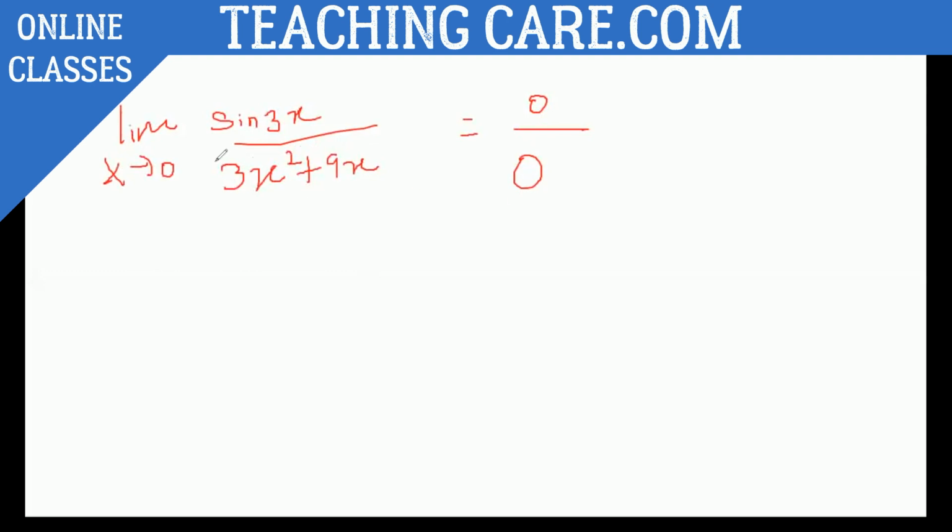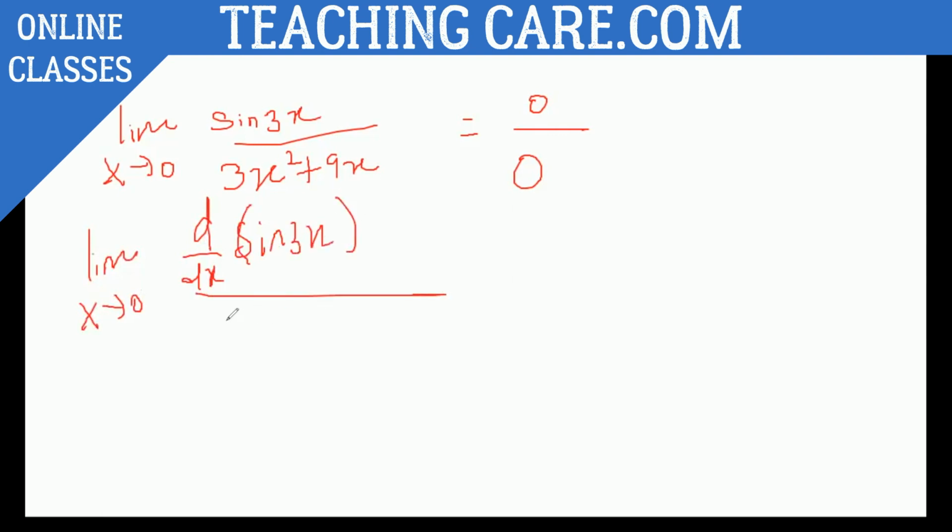So what they did is very simple. What is L'Hospital's rule? You keep the limit as it is, you differentiate the numerator, sine of 3x, and you differentiate the denominator. Then you apply the limit. There are proofs of L'Hospital's rule and all, but I'm not going into that, and we will get to it afterwards.